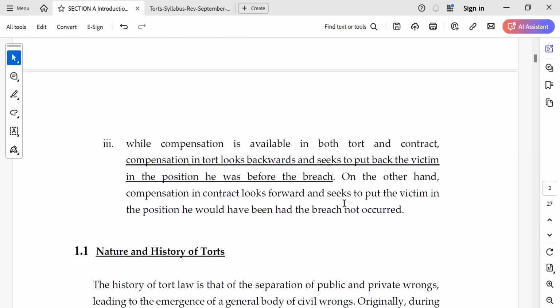Usually in contracts we have clauses for that as well, right? That says if this particular breach was not done, then I would have had so much profit.